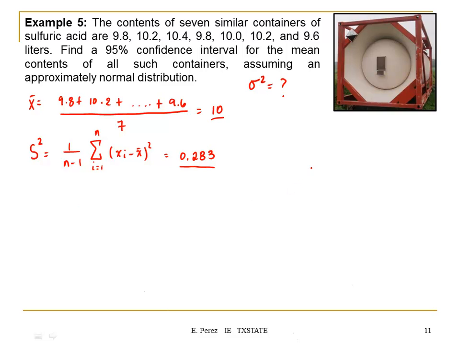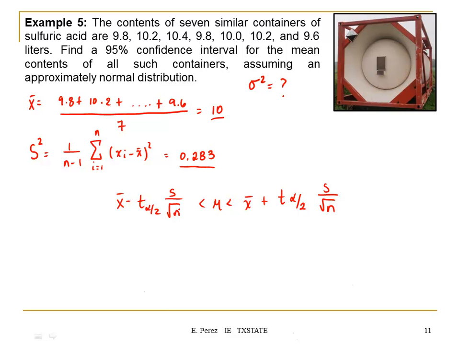So for mu, we have this. The upper bound is just x bar plus the t value of alpha over 2 times s divided by the square root of n. And the lower bound is the same thing, minus t alpha half times s over square root of n.